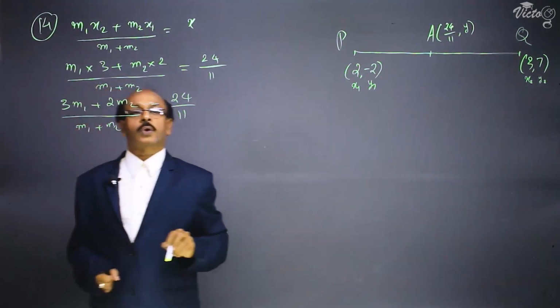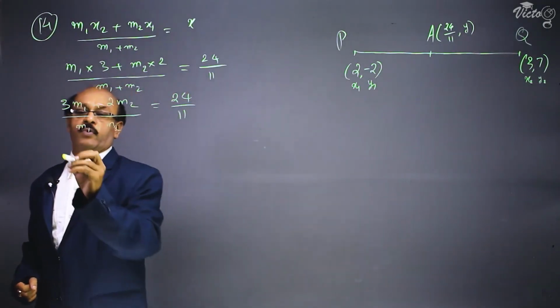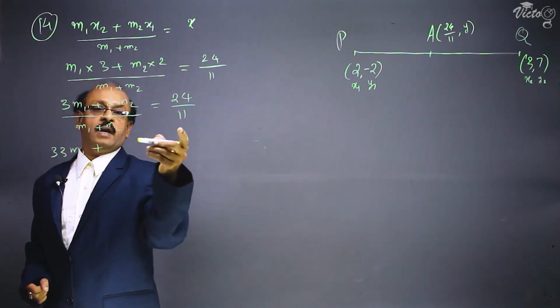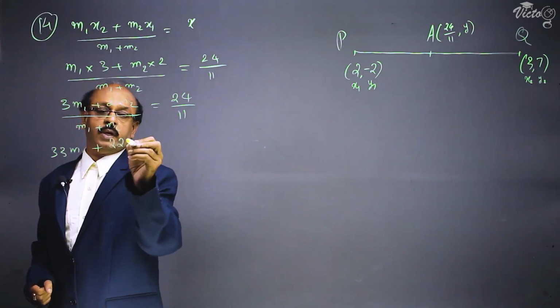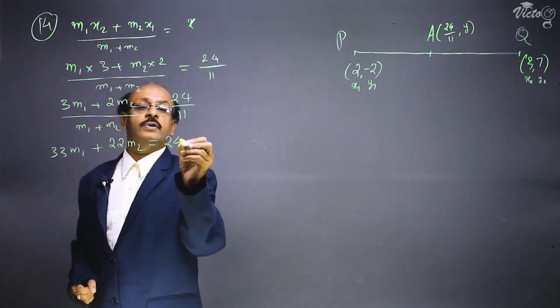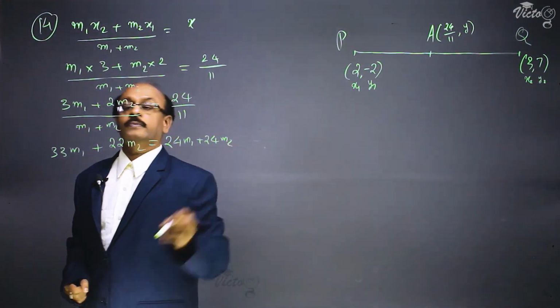Now we have to cross multiply: 11 into 3m1 is 33m1, plus 11 into 2, 22m2, is equal to 24 m1 plus 24 m2.